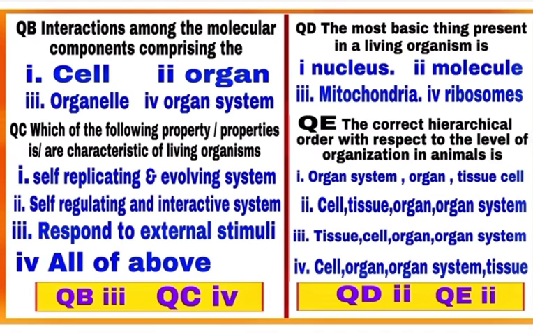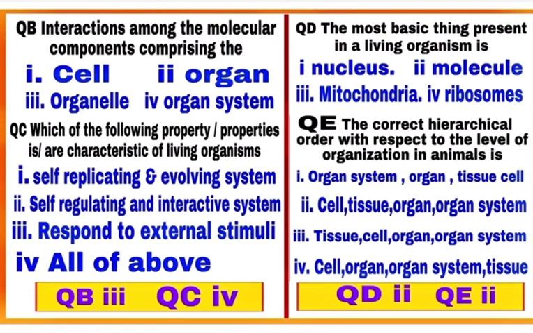Mark 4, all of the above, as correct answer. Question D. Out of the 4 given options, the most basic thing which is present in a living organism is molecule. Mark 2nd as a correct answer.